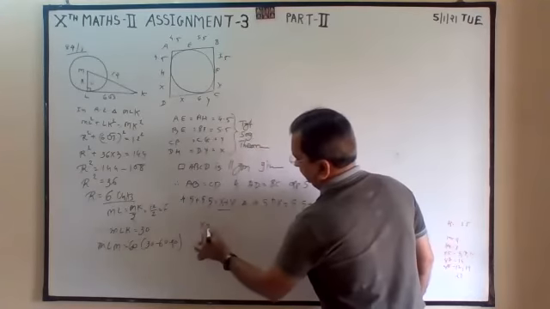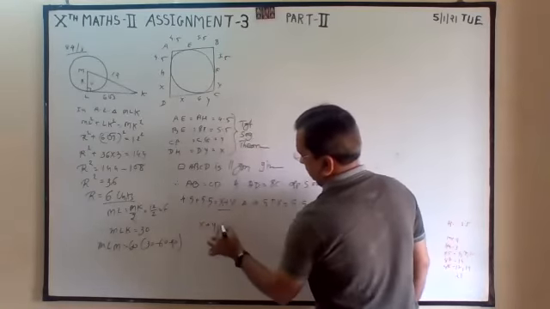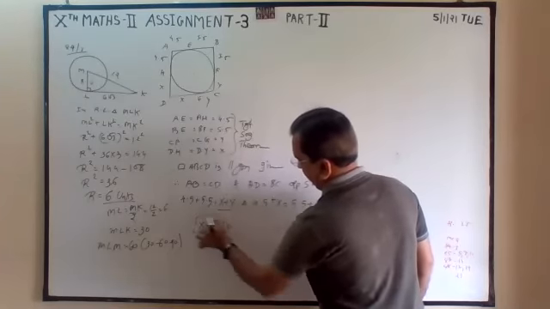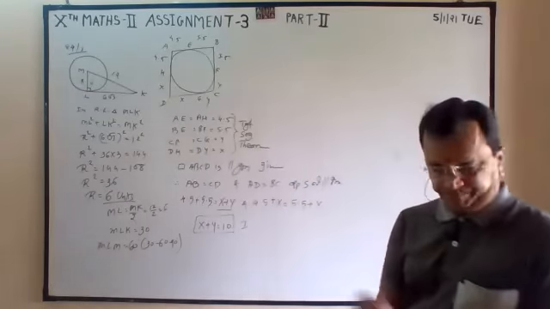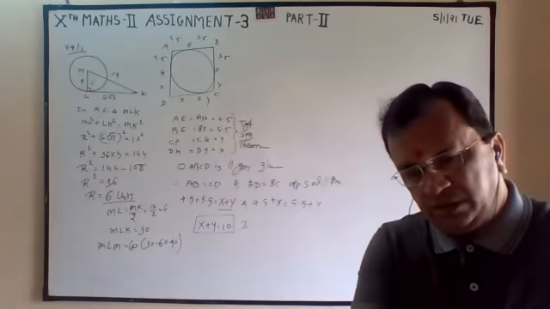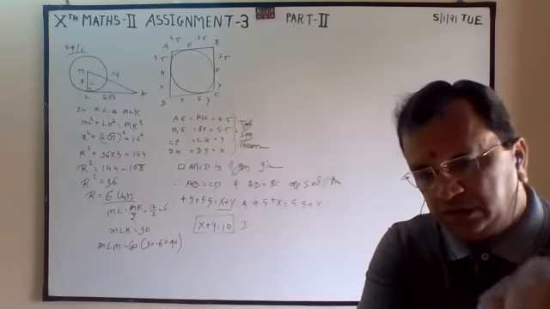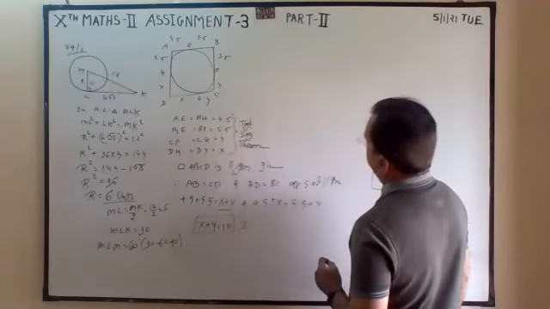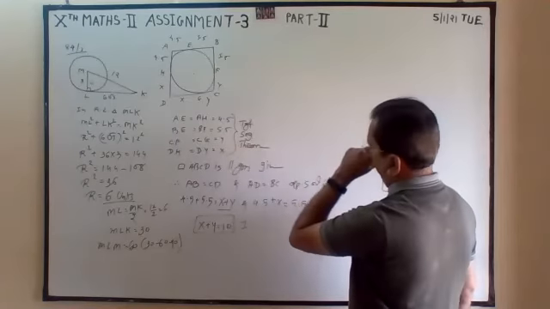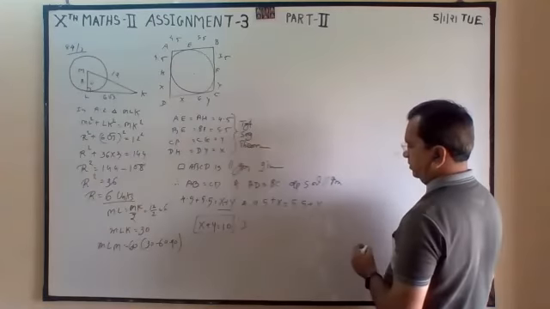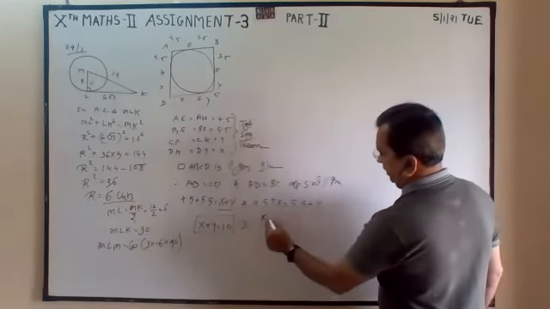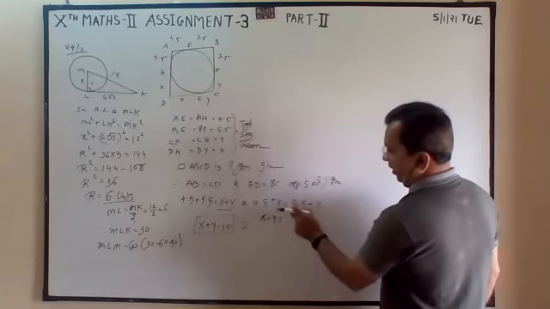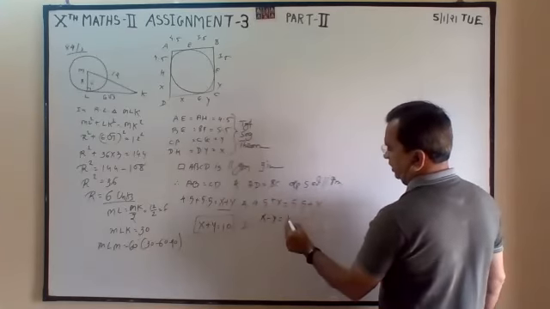So X plus Y is equal to 10. This is equation number 1. Now X minus Y, 5.5 minus 4.5, it is 1.